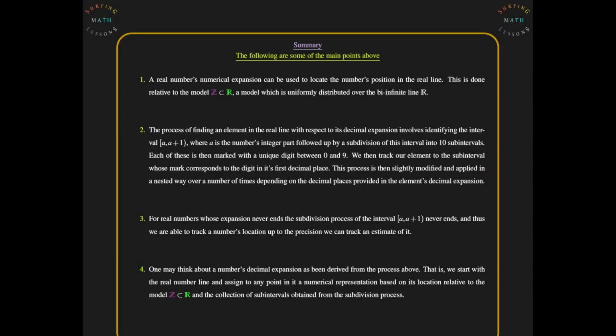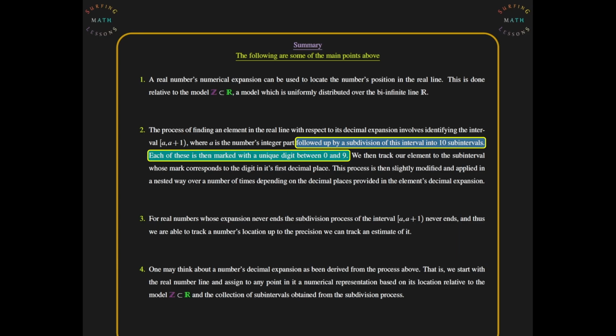Second, the process of finding an element in the real line with respect to its decimal expansion involves identifying the interval [a, a plus 1), where a is the number's integer part, followed up by a subdivision of this interval into 10 equally spaced subintervals.